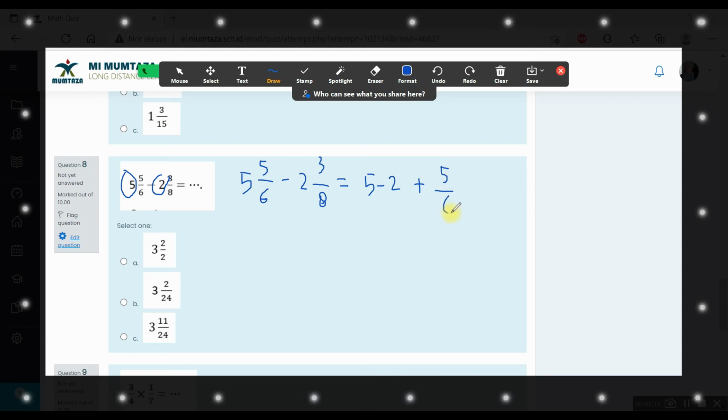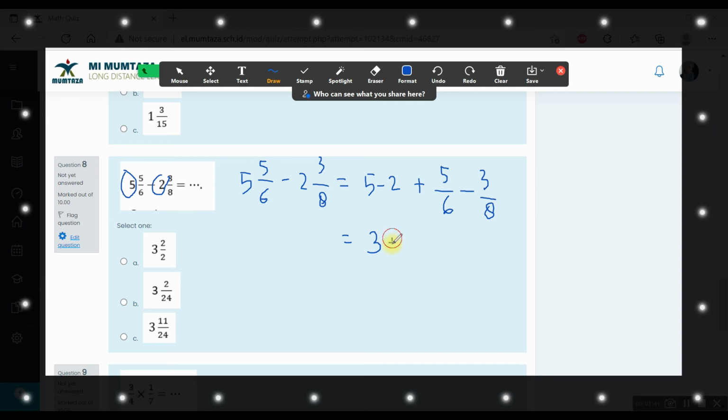5/6 minus 3/8. Whole number minus whole number and fraction minus fraction. So we subtract 5 minus 2 becomes 3.